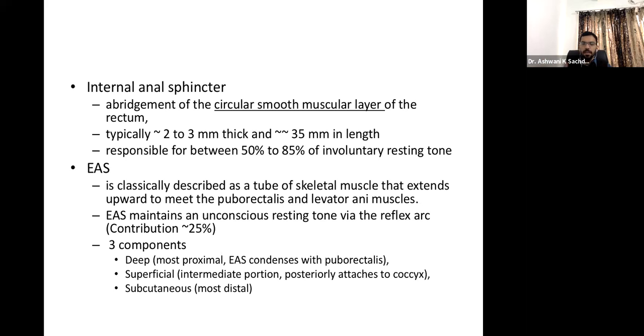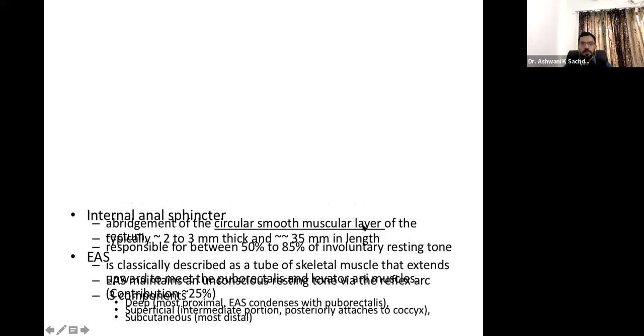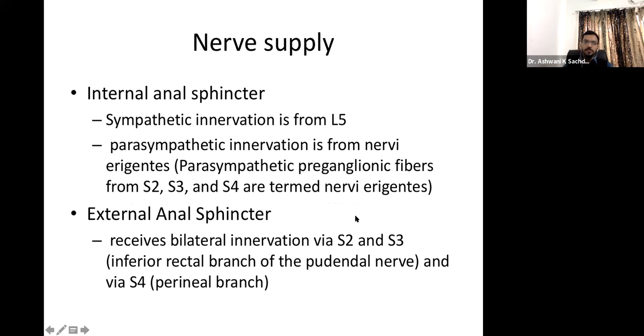In contrast to other skeletal muscle, it has an internal resting tone. The tone is via the reflex arc. Regarding the nerve supply of the anal sphincter, the internal anal sphincter is supplied by sympathetic innervation from L5, and parasympathetic innervation is from the nervi erigentes. The nervi erigentes are the parasympathetic preganglionic fibers from S2, S3, S4.